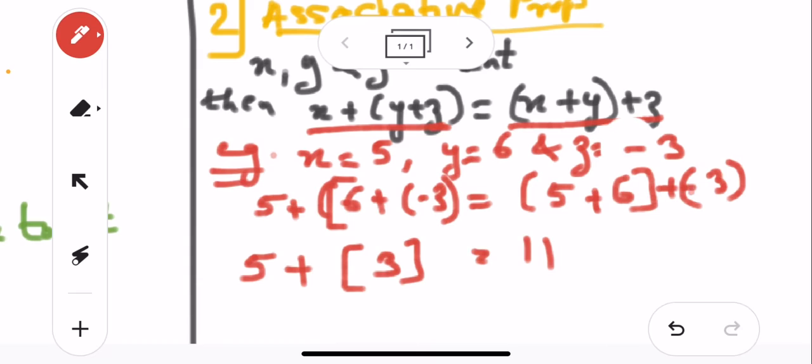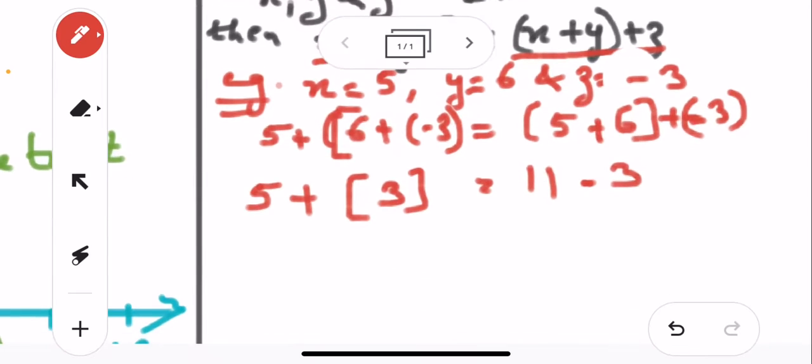Now this plus 3 and minus 3 will be minus 3. So this is 8, and this is equal to 11 minus 3 is 8. So if you see, my left hand side is equal to my right hand side.